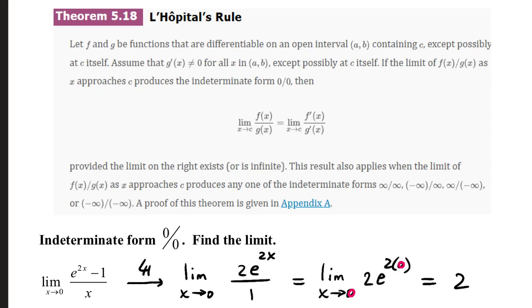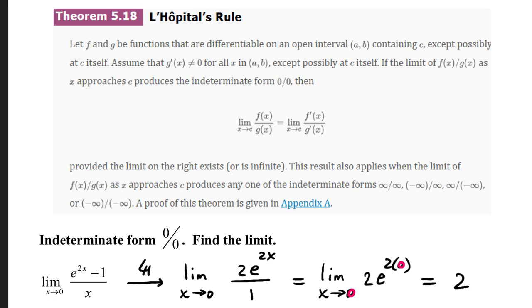Theorem 5.18, L'Hopital's rule. Let f and g be functions that are differentiable on an open interval (a, b) containing point c, except possibly at c itself. Assume that g prime of x does not equal 0 for all x in the interval, except possibly at c itself.